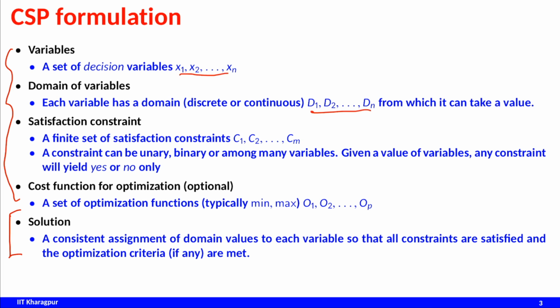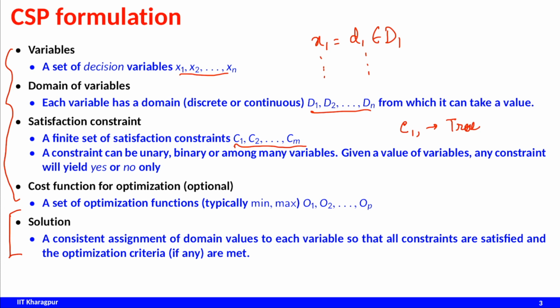I have the domain. When I say a solution, that means x1 takes the value, say, d1, and this d1 should lie in capital D1. Similarly for the other variables, and all the constraints that are specified here, c1 and so on, should actually be true.